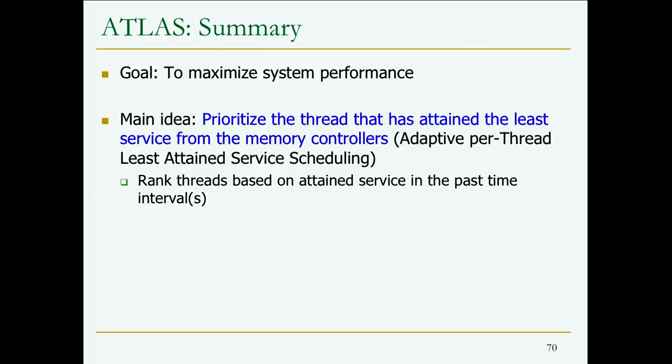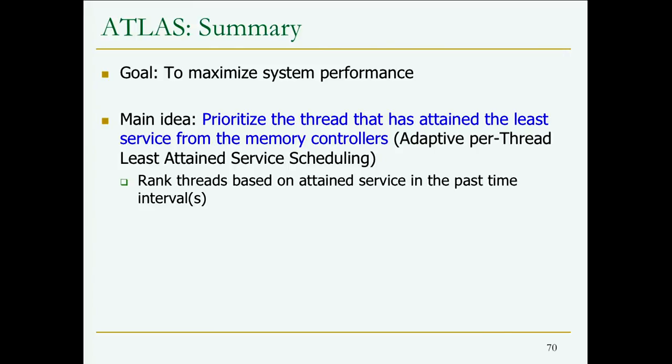If a thread has very few requests, and you service them very quickly, it will go back to its core and keep executing. Whereas if a thread has a lot of requests, say 1,000 requests, and it needs to wait for 1,000 requests to make significant progress, even if you prioritize it, that thread is going to wait for 1,000 requests, right?